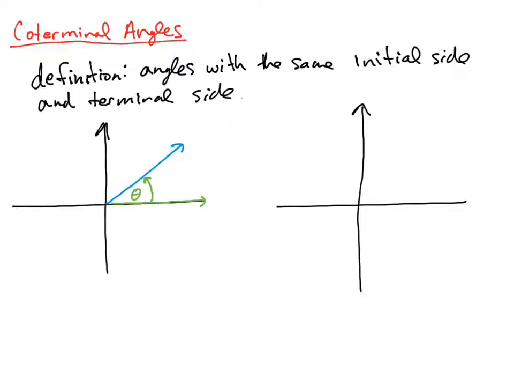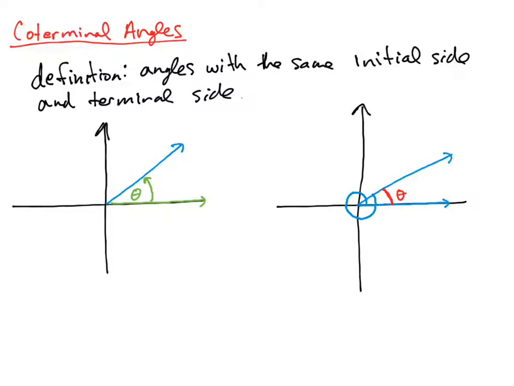Now a coterminal angle to this first angle theta, suppose the initial side again is along the x-axis, but this angle rotates all the way around and stops in the same position again. So this distance right here is still equal to theta, even though this angle went all the way around the coordinate plane one whole time, and then went a little bit further, and that's that red angle theta.